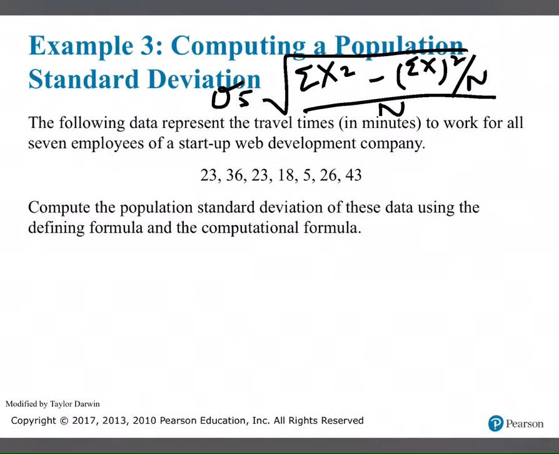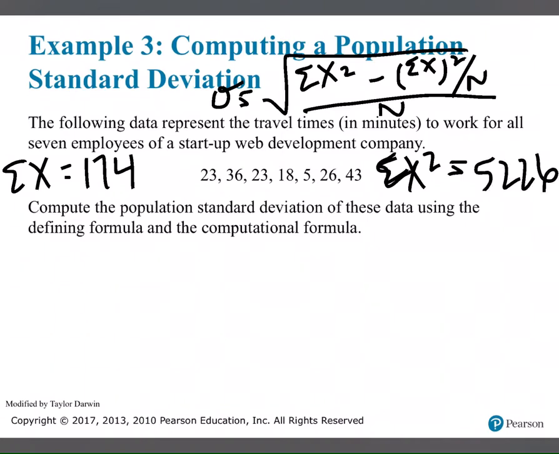And that's the one from the last slide, if you can't read that very well. We just said when we added up all those x's, which is called the sum of x, we got 174. That little e-looking thing means summation. Then we squared them and added all those together, which is the sum of x squared, and we got 5,226. This is what I did right before I erased it.